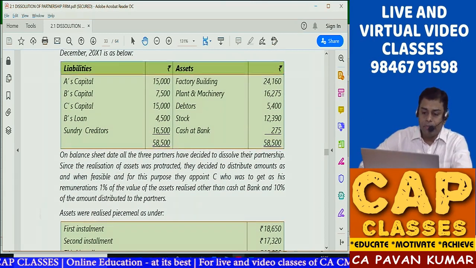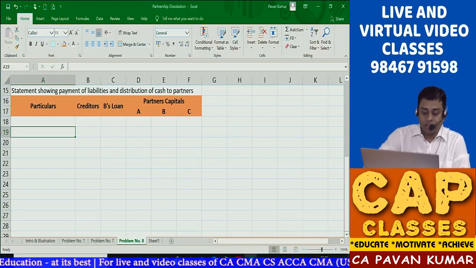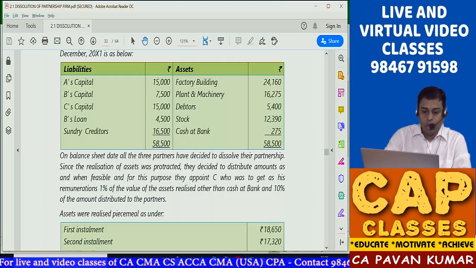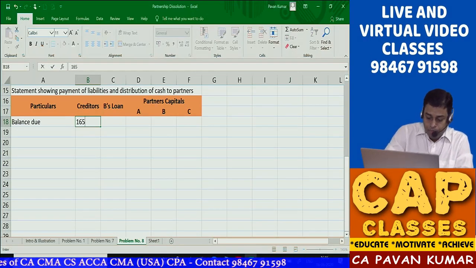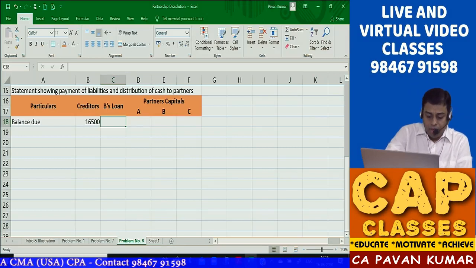First bring the opening balances. Balance due to creditors, how much? 16,500. B's loan 4,500.